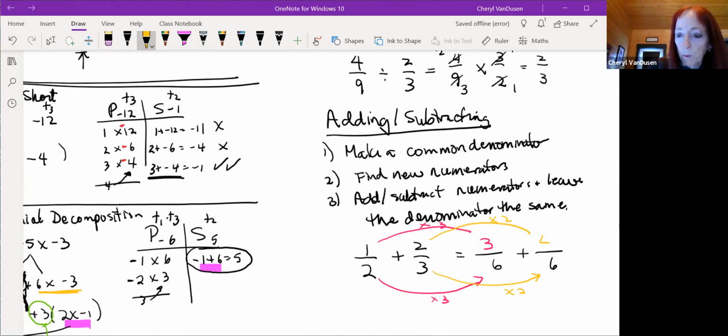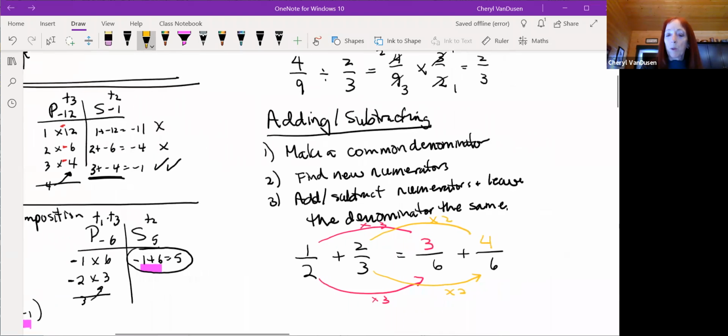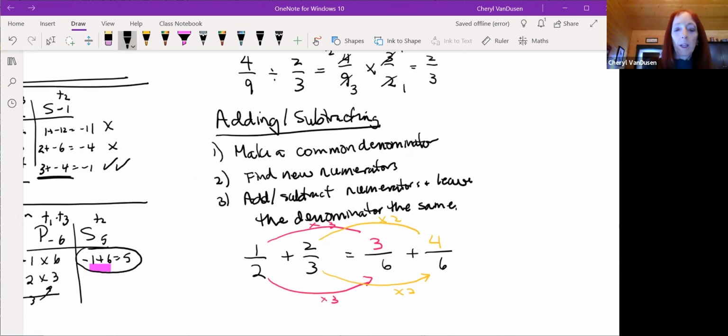And so this becomes 4, because we had a 2 initially, 2 times 2 is 4. That's making a common denominator and finding our new numerators. Then we add or subtract the numerators and leave the denominators the same. And so then 3 plus 4 is 7 over 6, and we can leave it like that. In rational expressions, mixed numbers don't come up, so we might as well just use that.